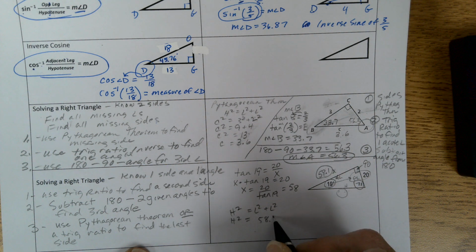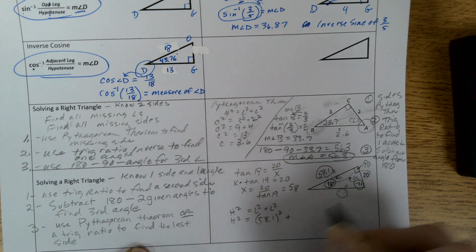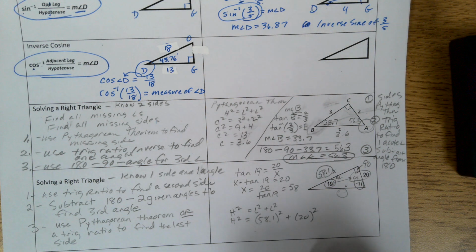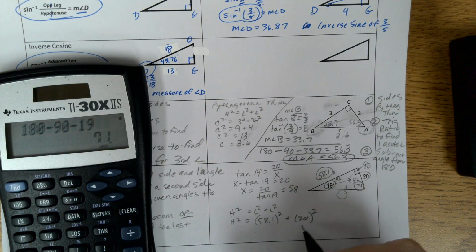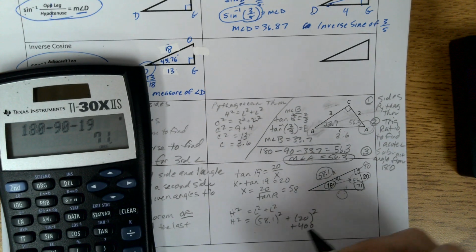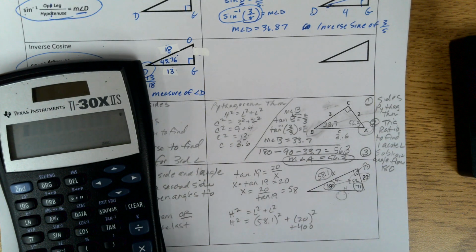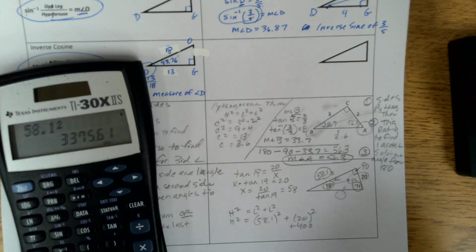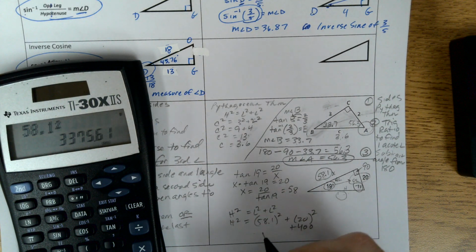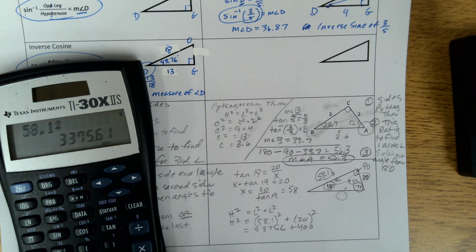58.1 is one of the sides plus 20 squared, right? So let's do it. 20 squared is 400. 58.1 squared is 3375.6. Okay, we're going to add this.